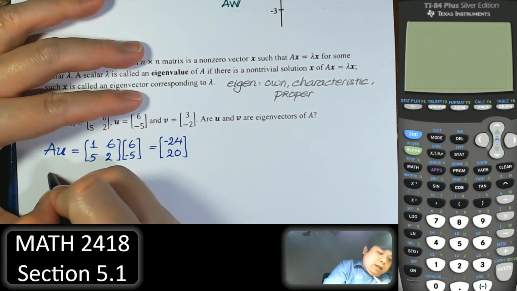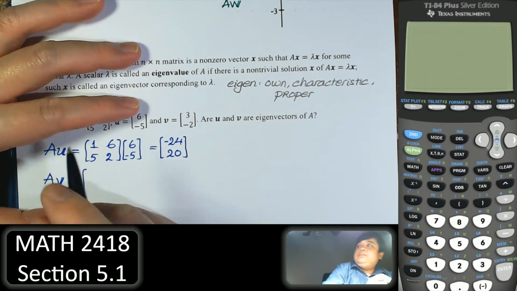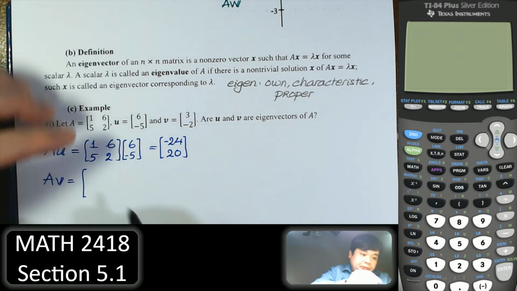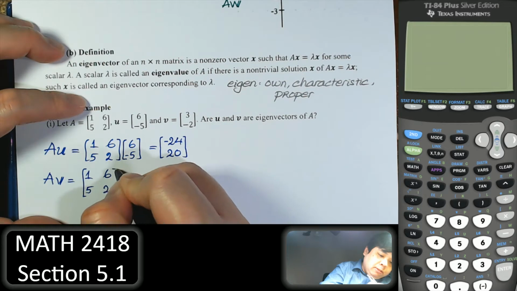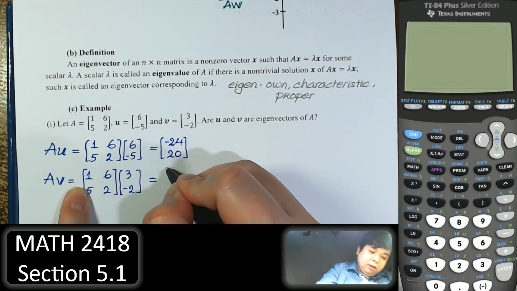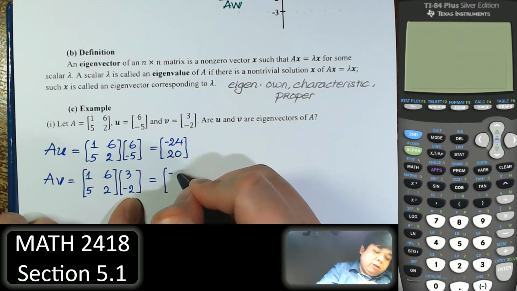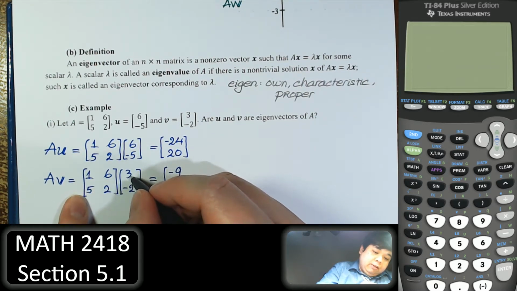Right? And A times v: 3 minus 12 and 15 minus 4.